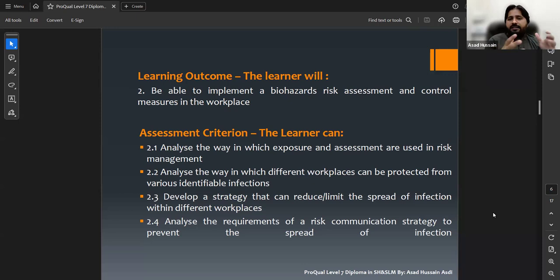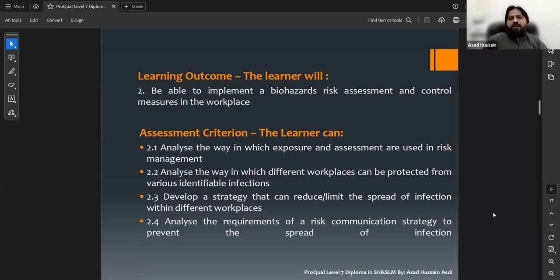Other than that, there are places where different types of infections occur, like healthcare workers or medical workers working in a hospital. They can face these infections.